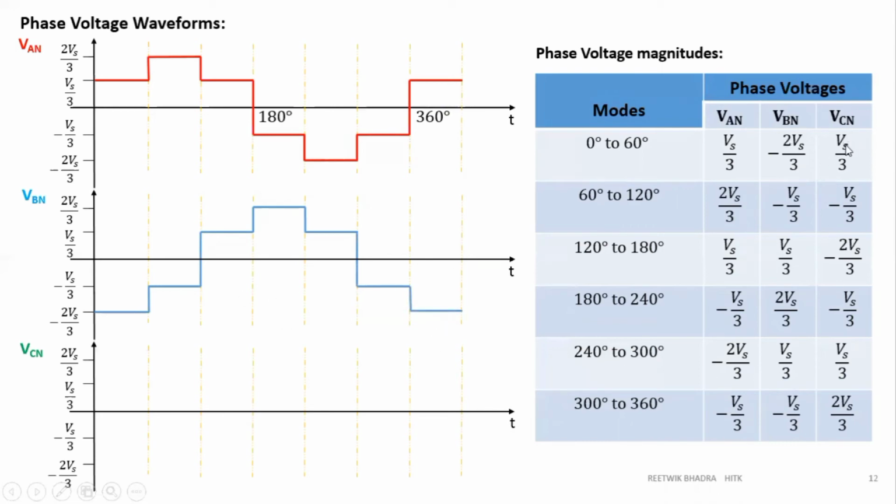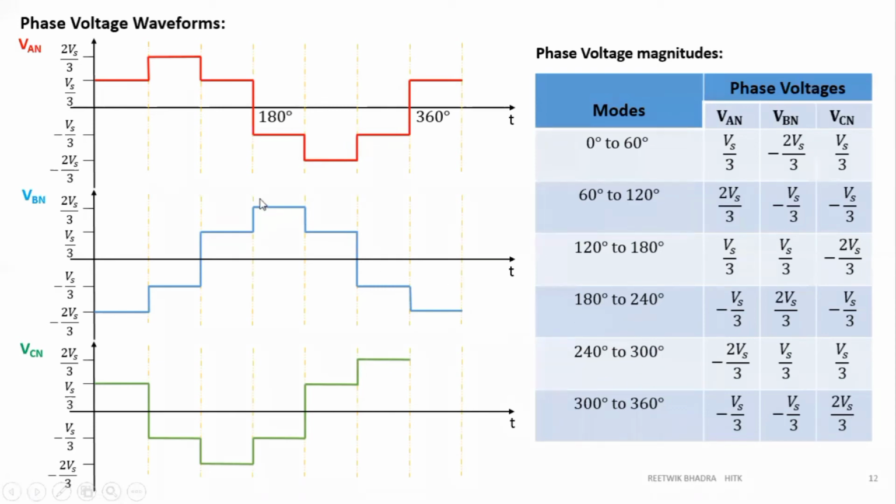Now plotting VCN. Vs by 3. Minus Vs by 3. Minus 2 Vs by 3. Minus Vs by 3. Vs by 3. 2 Vs by 3. Okay, so this is how your plotting is done.